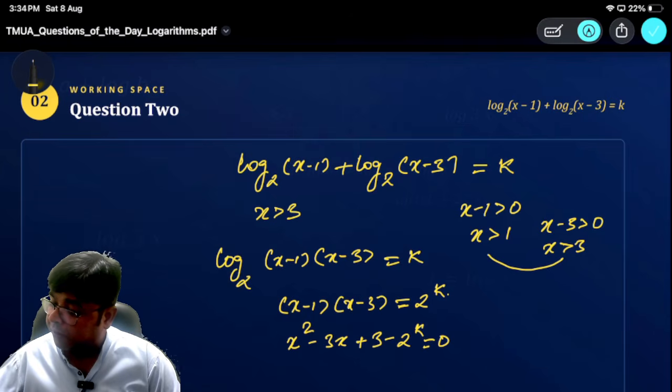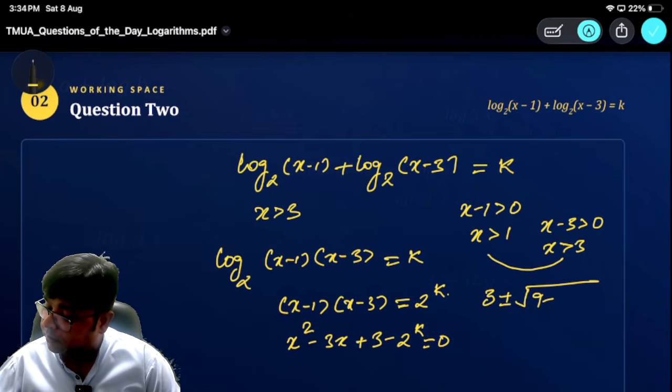Now if I use the quadratic formula, the roots will be minus b plus minus under root b square, which is 16, minus 4ac. A is 1, c is 3 minus 2 to the power k.